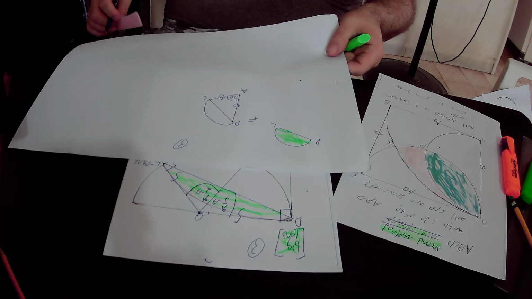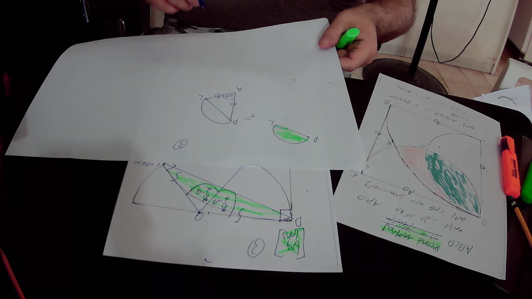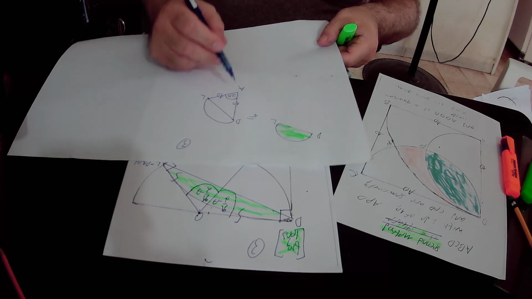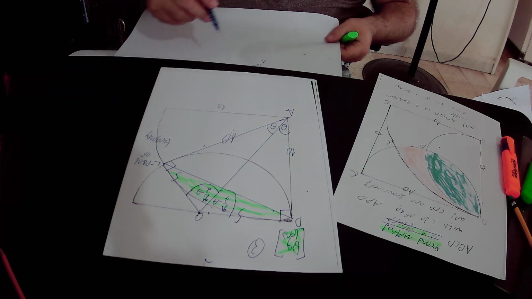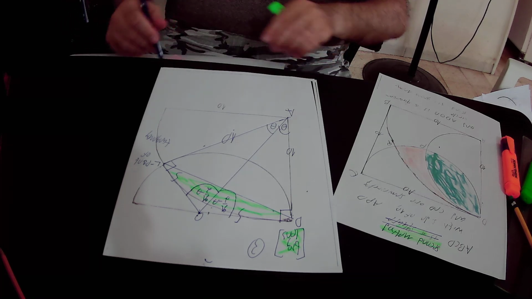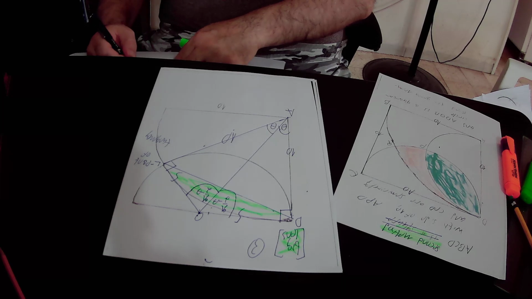This is sector ADL. The angle between the legs of sector ADL is equal to 2 theta. Minus the area of triangle ADL.